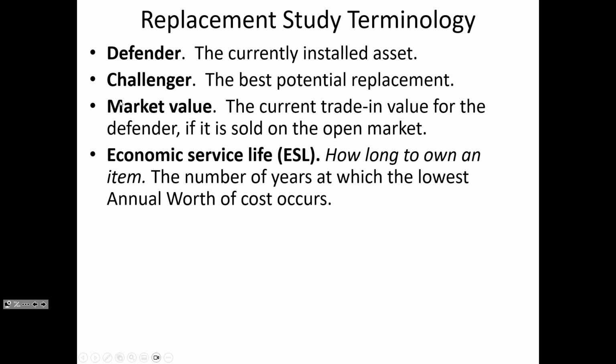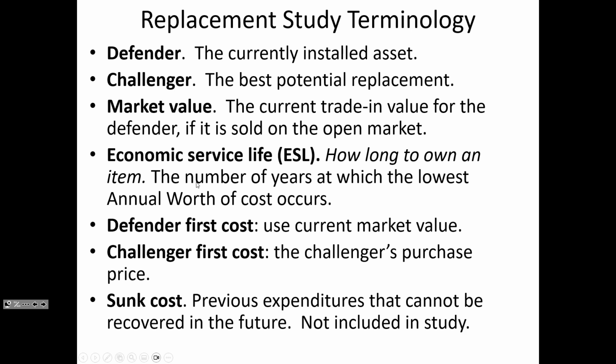The first cost of the Challenger is usually just given directly; you'd get a quote from a car dealer on how much it costs to get the new vehicle. So the economic service life is how long you should own the item based on minimizing the total cost, which includes, remember, capital recovery and the annual worth of the annual operating costs. So the first cost of the Defender is the market value. The first cost of the Challenger is its purchase price.